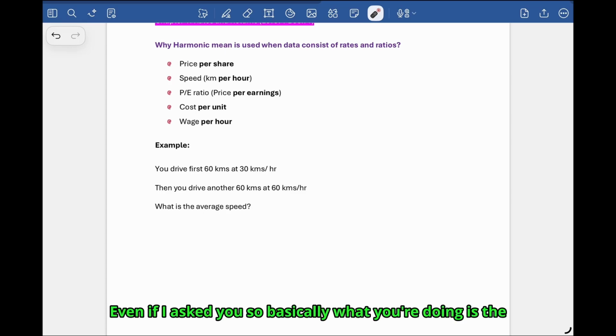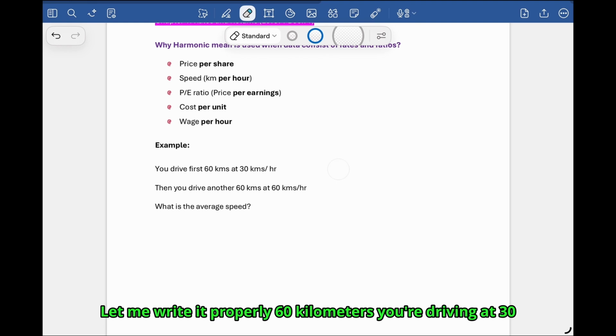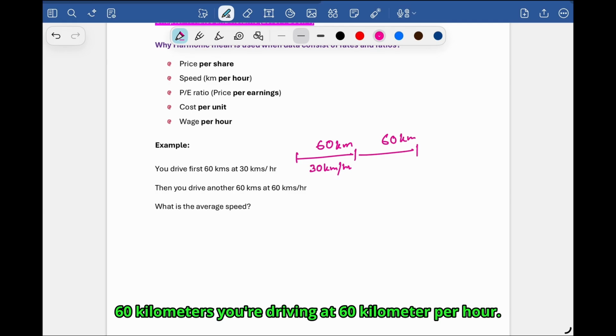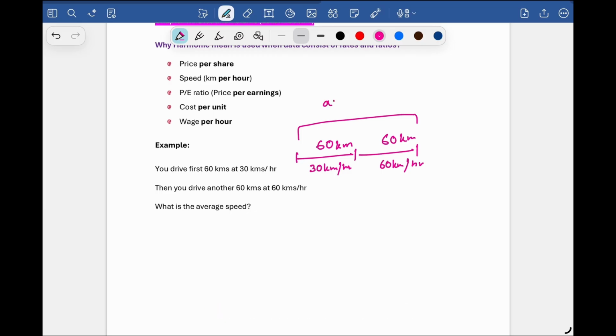Let me write it properly. 60 kilometers at 30 kilometers per hour, then another 60 kilometers at 60 kilometers per hour. If I ask you what was the average speed for the whole journey?